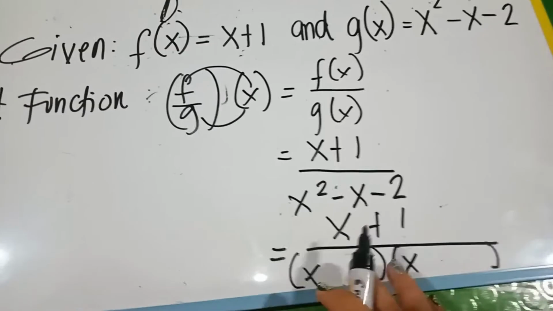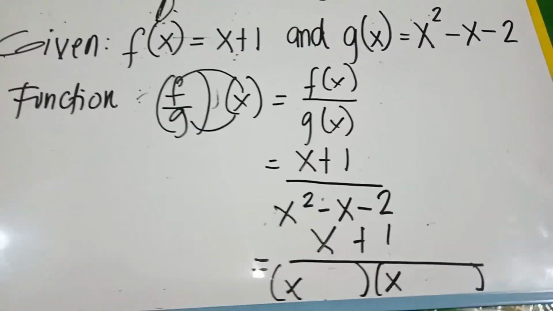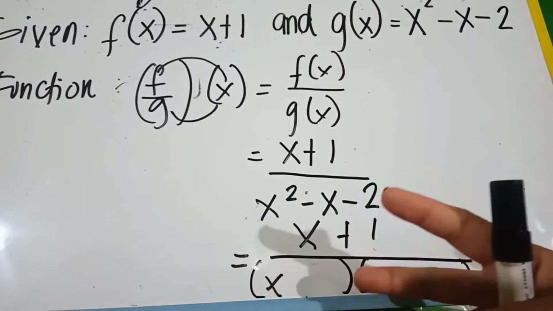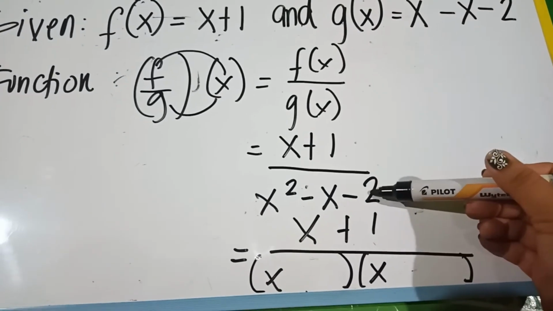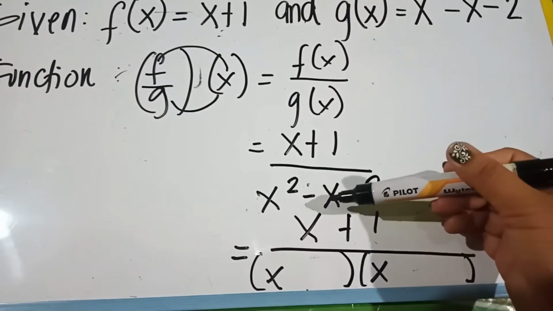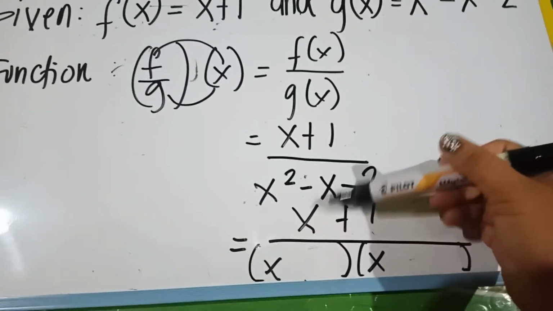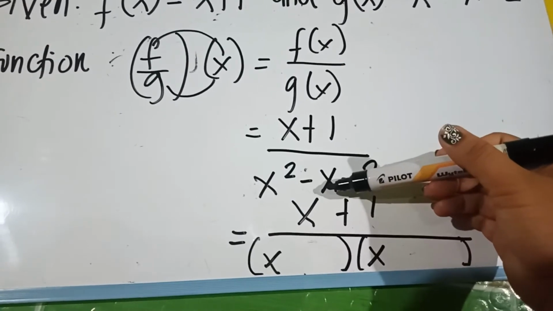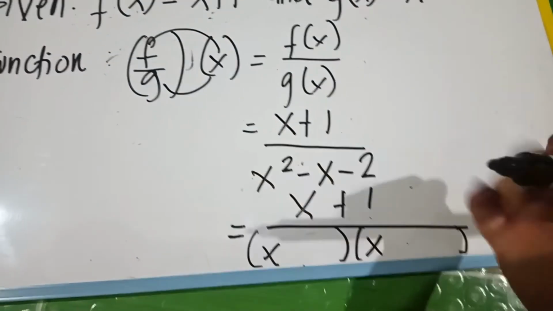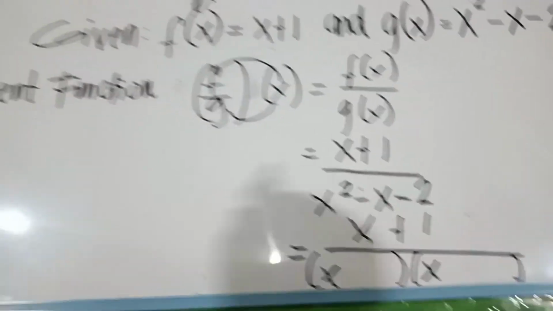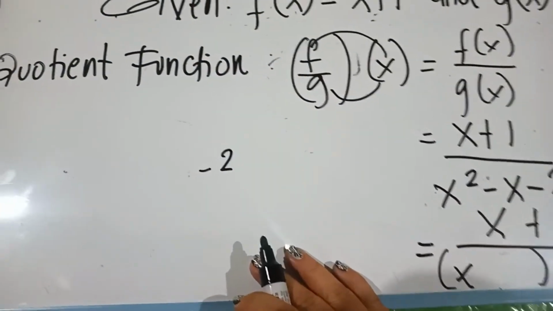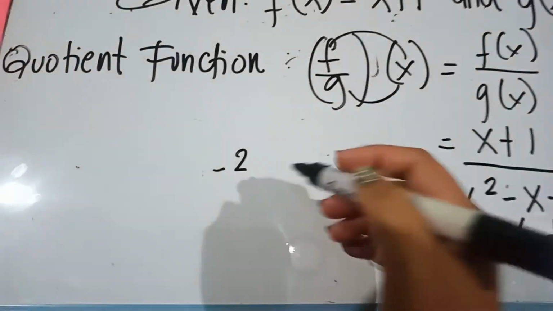And then, dito naman sa last term, kukunin natin yung dalawang number na kapag minultiply mo, magiging negative 2, pero kapag inadd mo naman, magiging negative 1. Kasi nga, di ba, invisible si 1 dyan. So, dapat kapag inadd mo, magiging negative 1. So, ang gagawin natin, punta tayo sa scratch. At kukunin natin kung ano yung factor ni negative 2. So, ano ba yung factor ni negative 2?